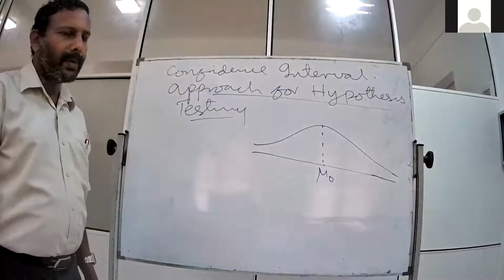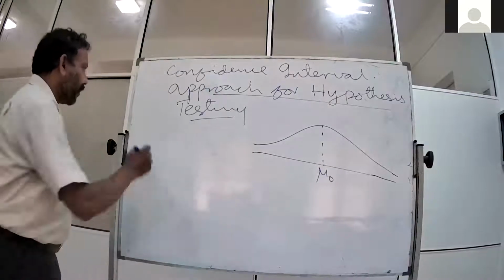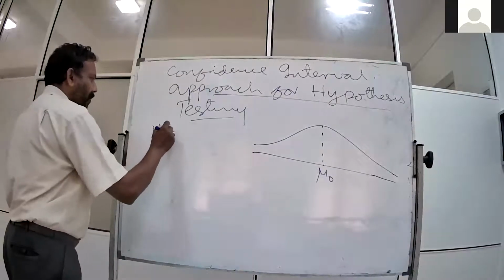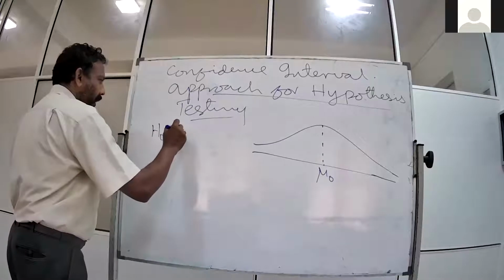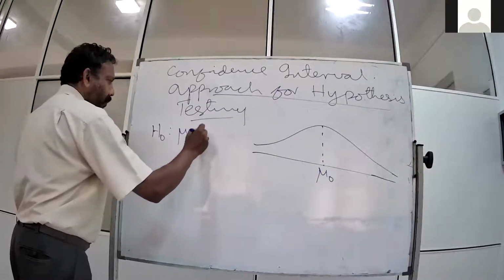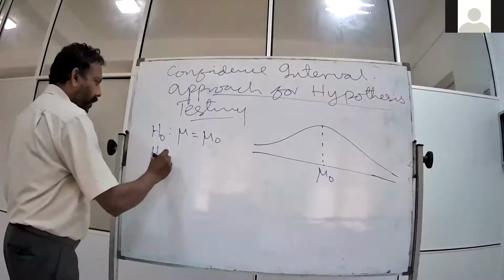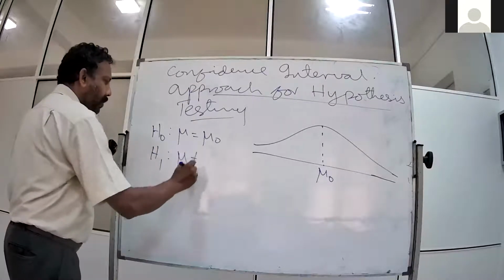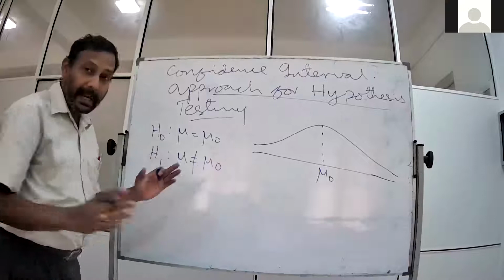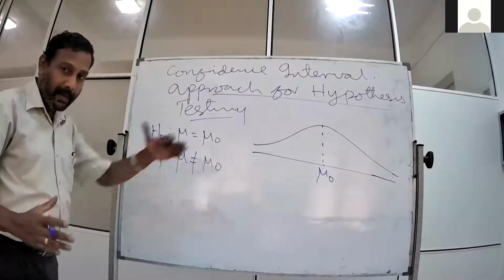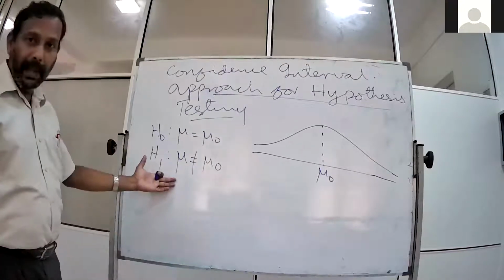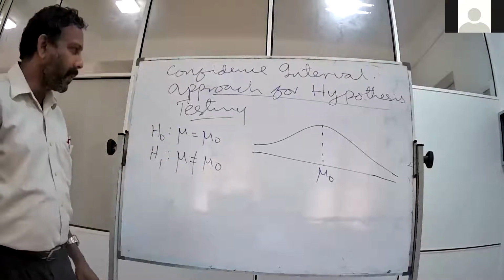Suppose, let's say my null hypothesis is mu equal to mu naught, alternative mu not equal to mu naught. Can you remember the two-sided test that we talked about a few minutes ago? The same thing, same null and alternative hypothesis.